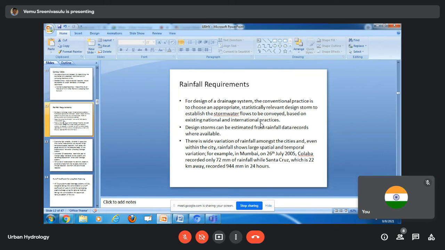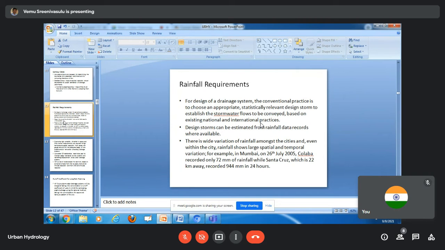One example is Mumbai on 26th July 2005: in one area there was only 72 mm, while in another area, 22 kilometers away, 944 mm. See how huge the difference is. All those things have to be considered, both spatial and temporal variation.